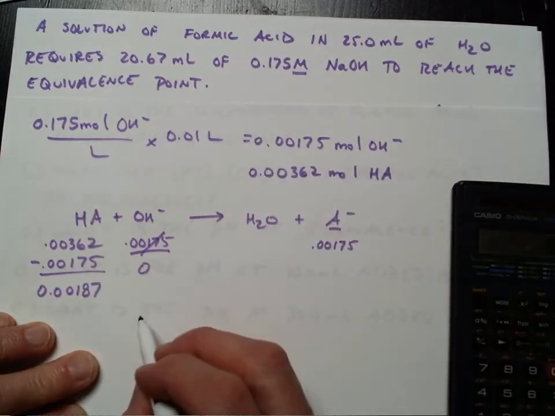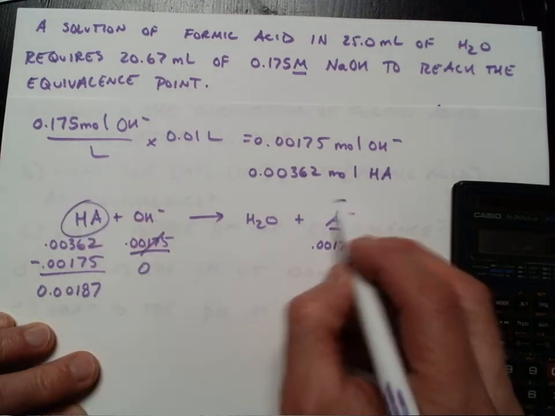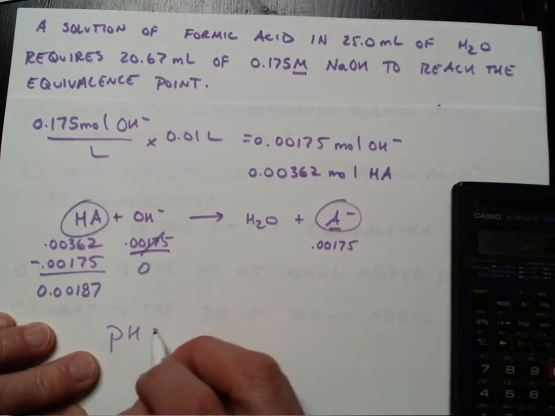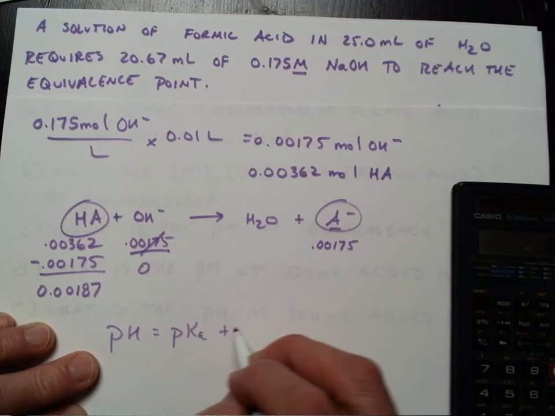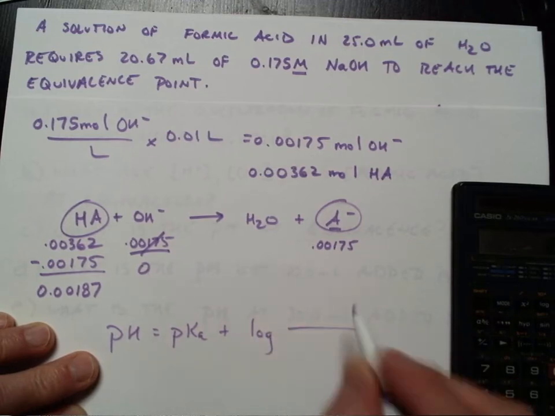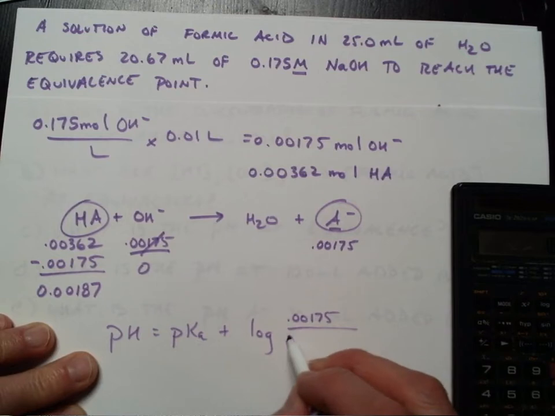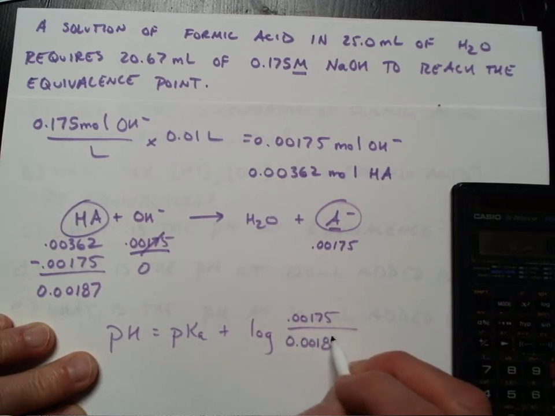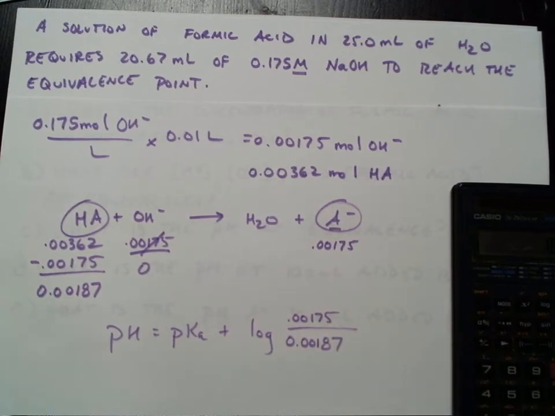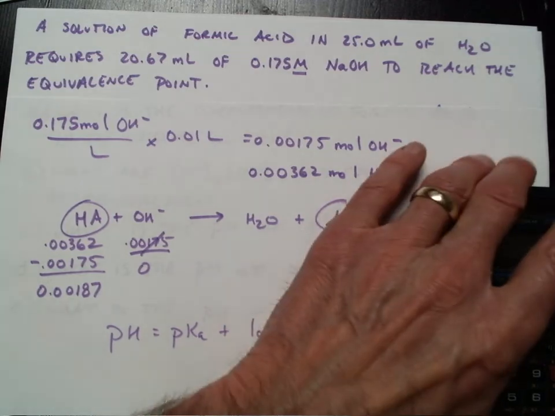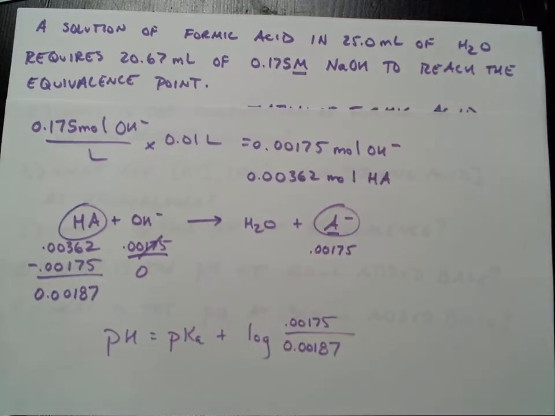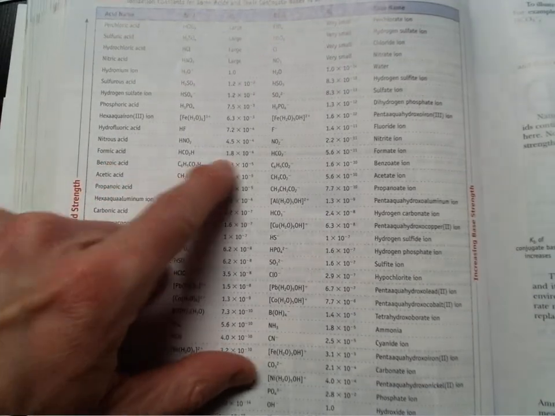Now I can use my buffer equation, because that's what I got. So pH is pKa plus the log of my weak base amount, 0.00175, over my weak acid, 0.00187. Oh crap, I don't know the pKa. Well, let's look up the Ka of formic acid. 1.8 times 10 to the negative 4.